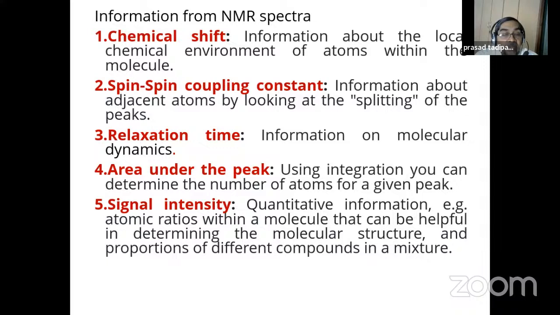Within that also, you can estimate from the signal intensity how much percentage it has within a mixture. Not only the molecular structure, you can calculate quantitative information also using the signal intensity. This type of information you usually get from the NMR spectra. Okay, so look further here.